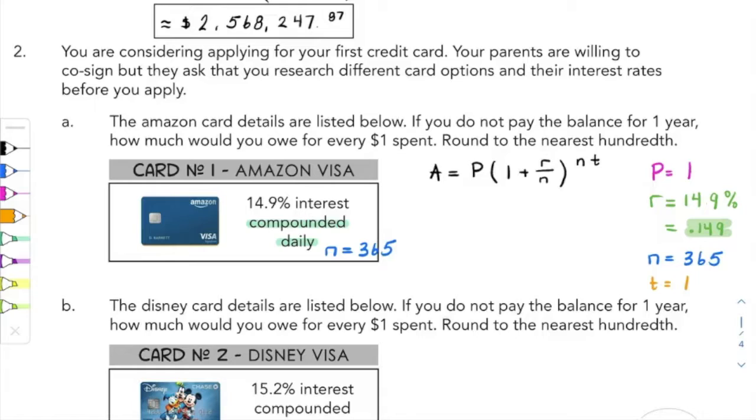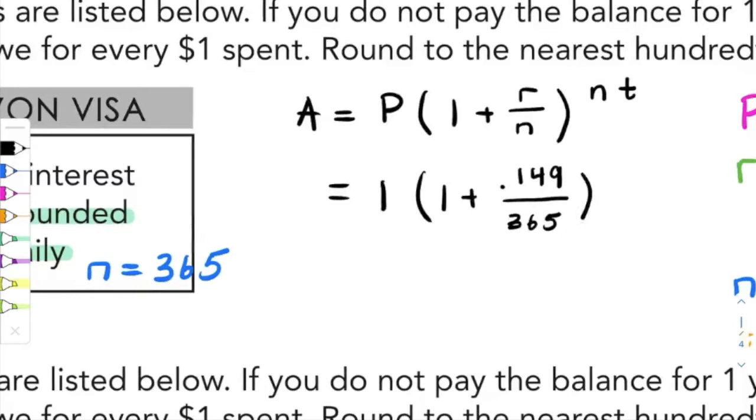When I substitute all these values into that equation, I have 1 multiplied by 1 plus 0.149 divided by 365, raised to the power of 365 times 1.